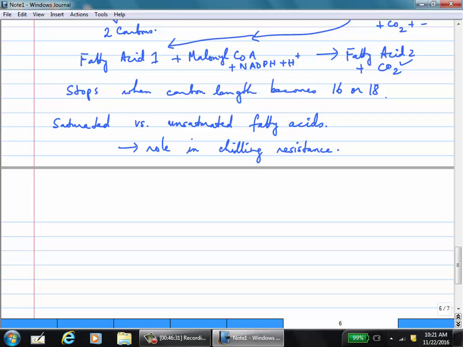The last thing that I want to cover in this chapter is what is called gluconeogenesis, or reversal of glycolysis.